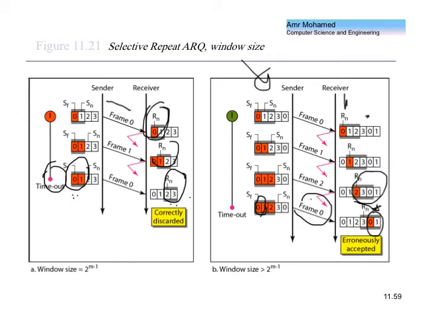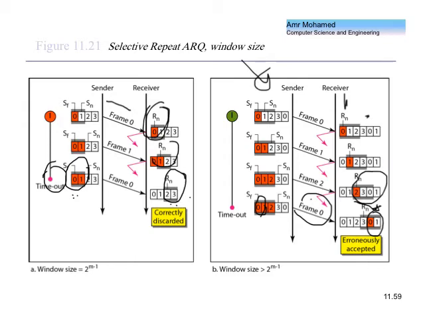That's because when one window slides and the other window does not slide, because the acknowledgement was never received by the sender, they both should never slide more than the span of the sequence number.